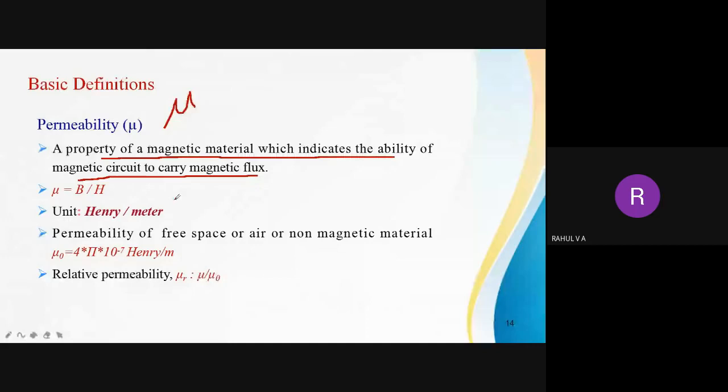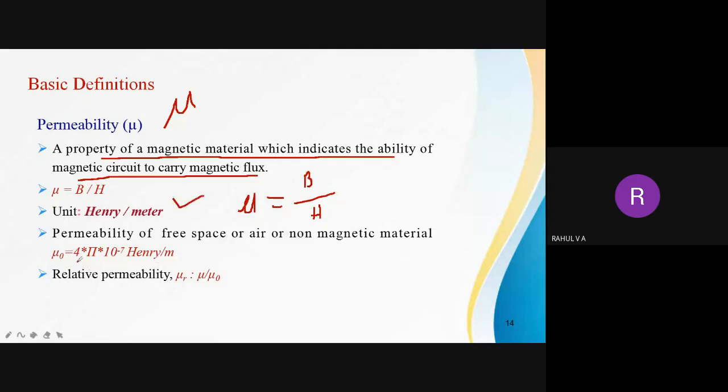So mu is given by B, that is magnetic flux density, divided by H, the strength of magnetic field, and its unit is Henry per meter.